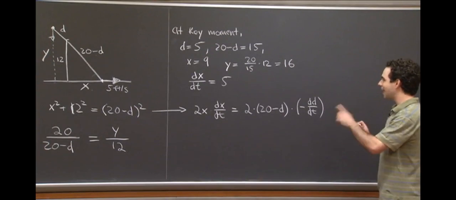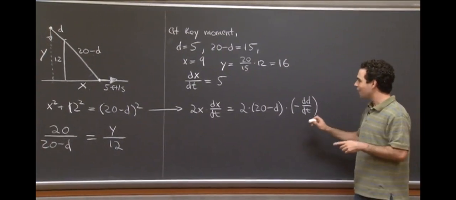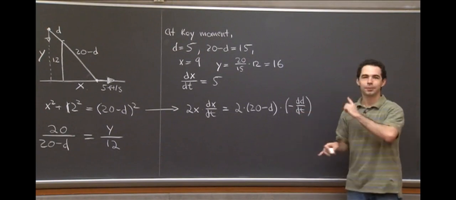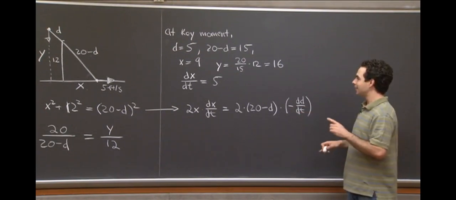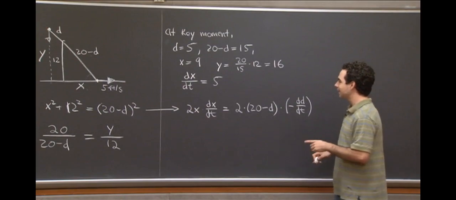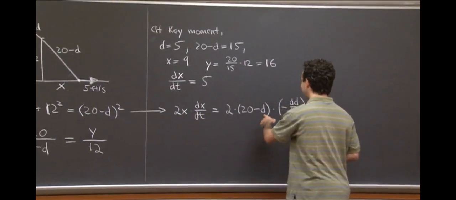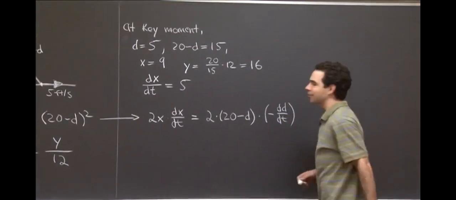I beg the gods of math notation to forgive me for dD/dt. So this is always true, and what we want is the value of dD/dt at our particular moment in time. At that moment, we have x, we have dx/dt, and we have D, so we can just plug all those things in.